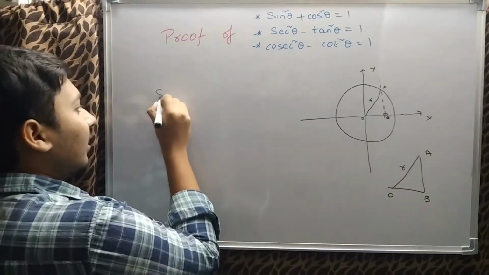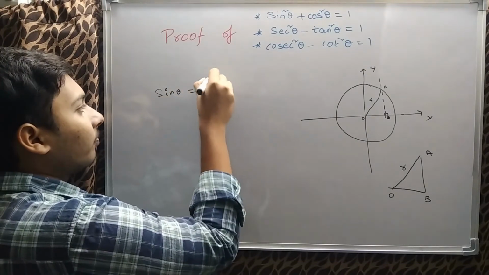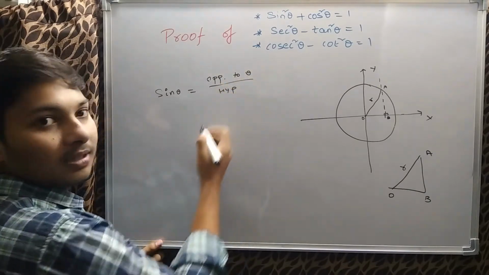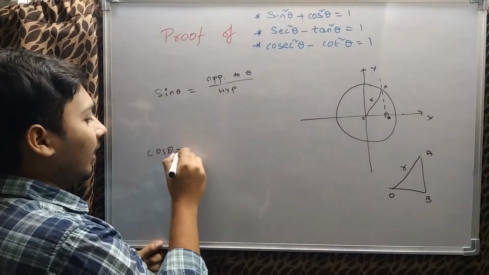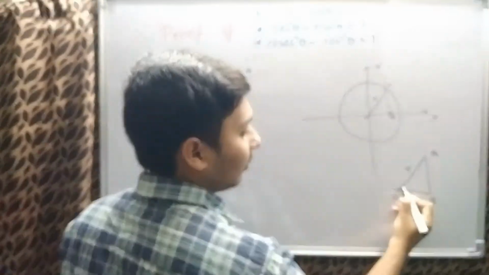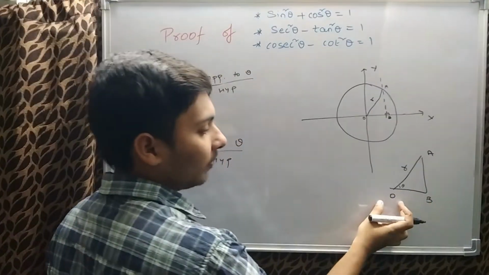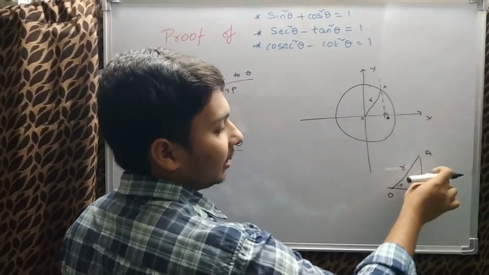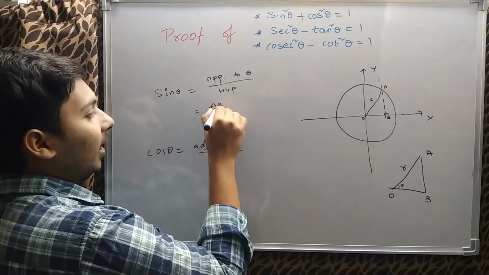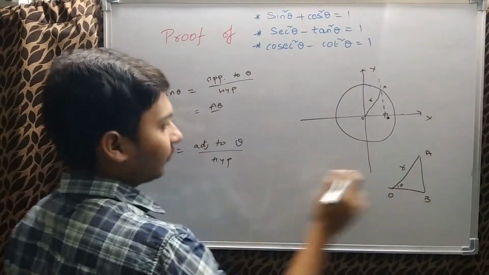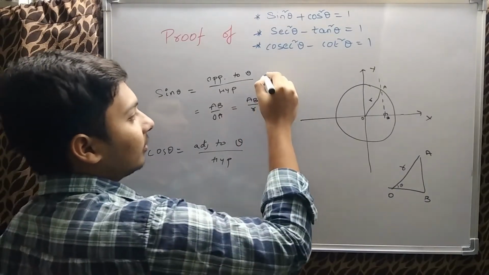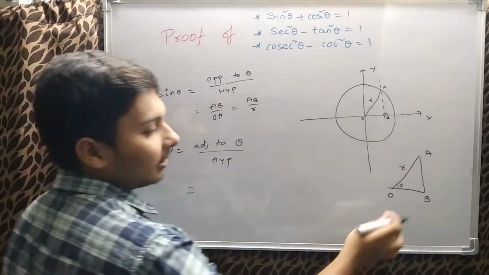We know that sin theta is the ratio of opposite side to theta by hypotenuse, and similarly cos theta is adjacent side to theta by hypotenuse. Here mark an angle theta at vertex O. So opposite to theta, AB is the opposite side, which means sin theta is equal to AB by hypotenuse OA, AB by r.